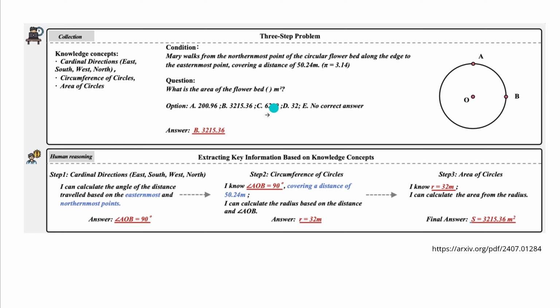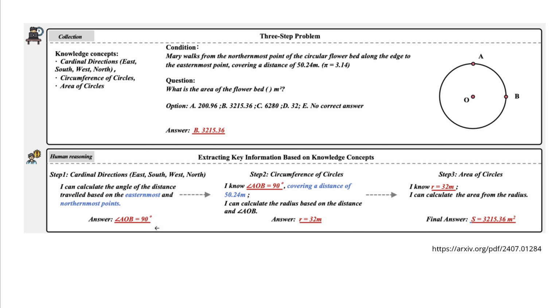Now, we have now the human reasoning and we understand that this is a 3-step problem. So step 1, we have now the directions east, south, west, and north, you know this, and I can calculate the angle of the distance traveled based on the easternmost and northernmost point, and the human understands, so the angle between those points is 90 degrees. Great.